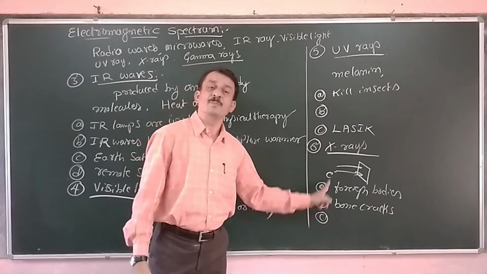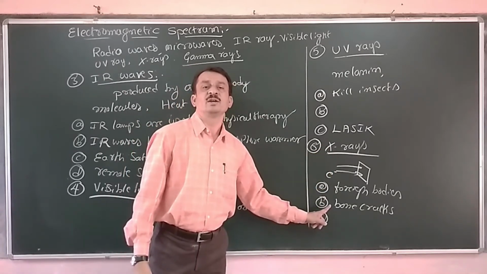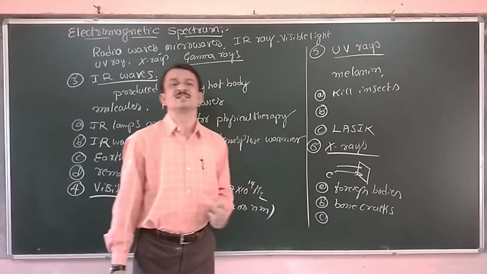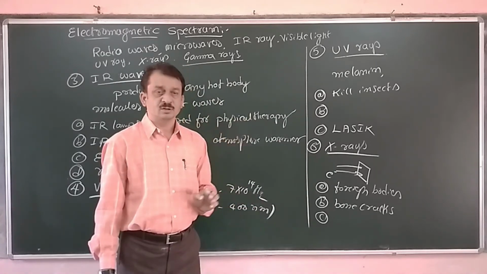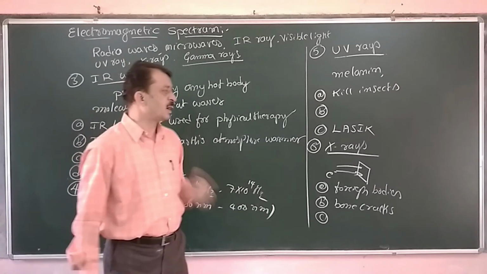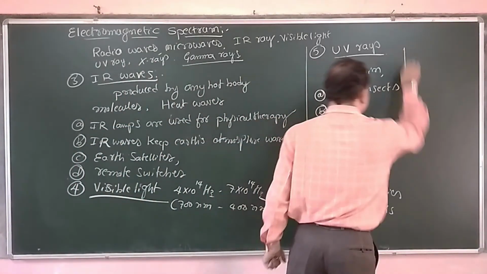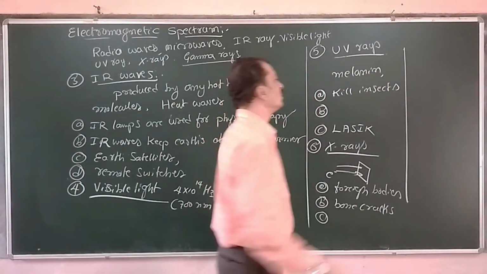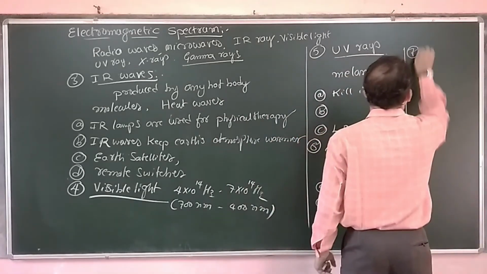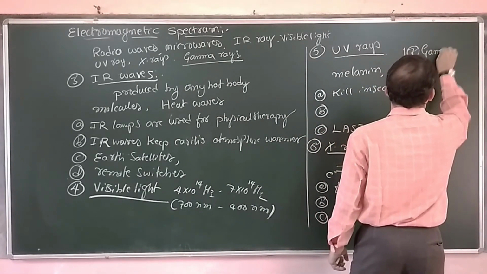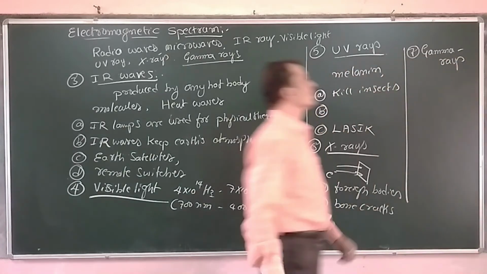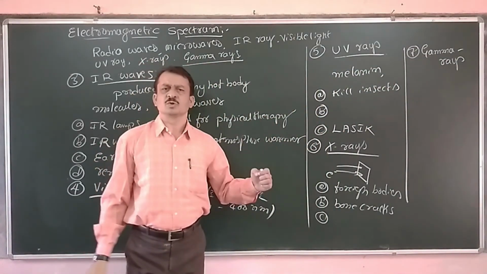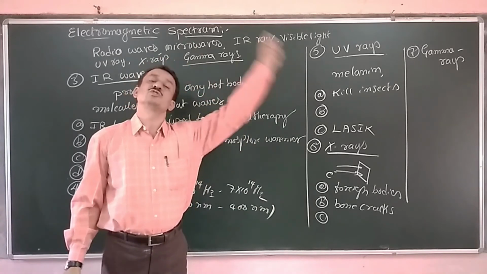Since they have high penetration power, if you are exposed more to the X-rays, it will be harmful to the human being. That you should remember. And the last one, gamma rays. Now, these are the electromagnetic waves having the highest frequency.